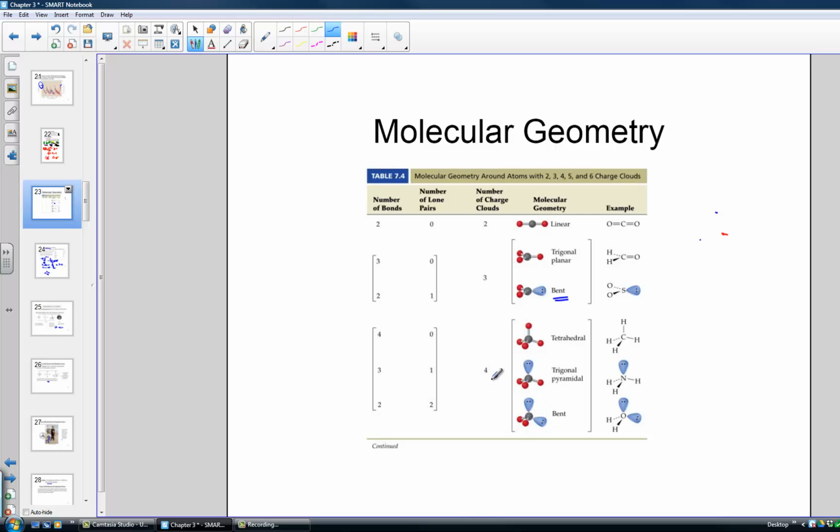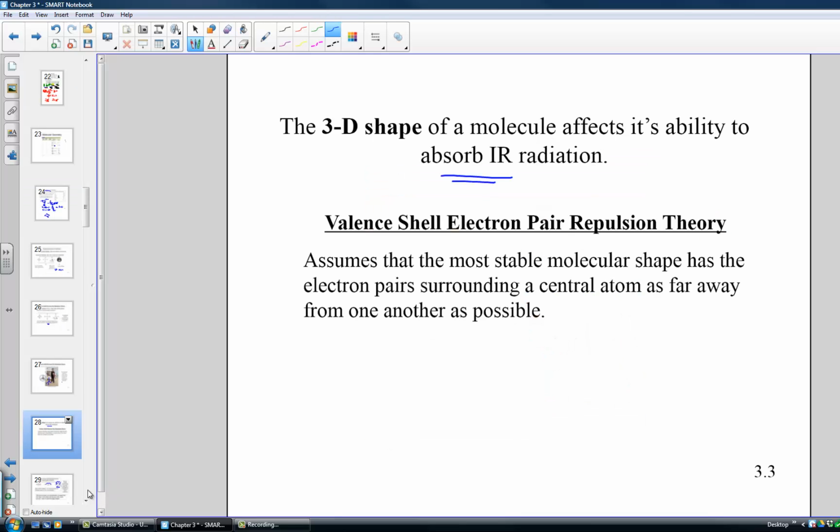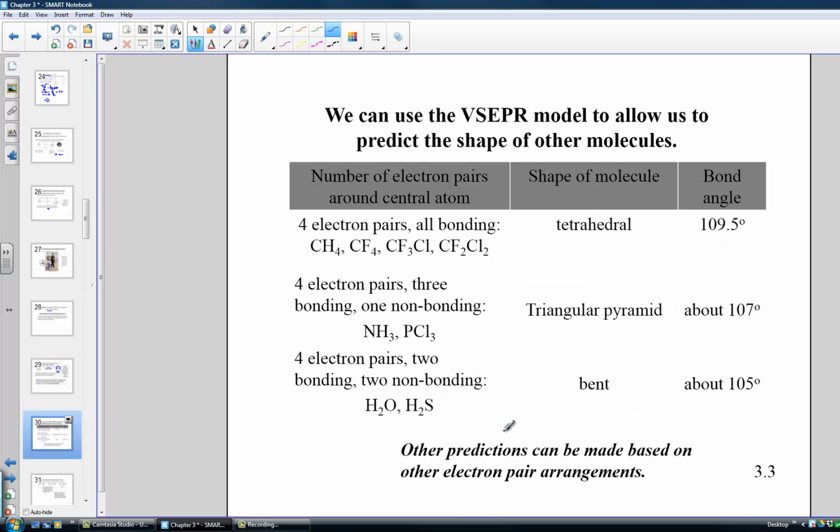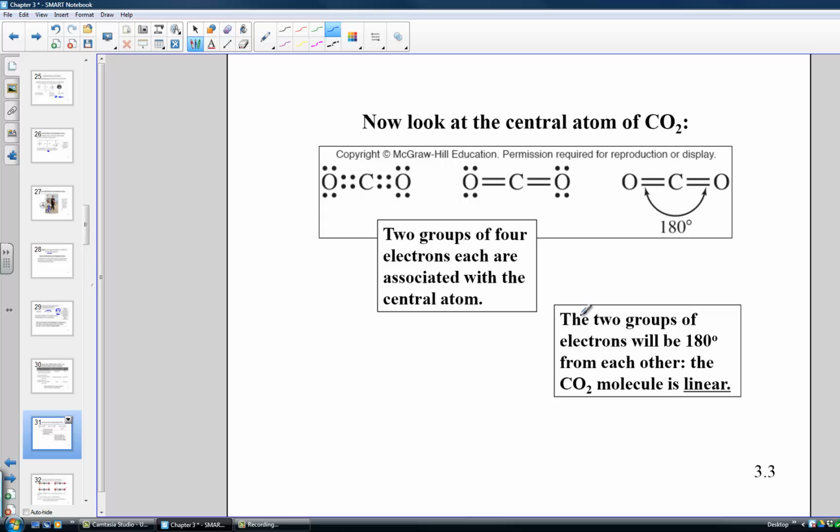So all of these with 4 domains, or the central atom has 4 things to look at, the molecular geometry could be tetrahedral, trigonal pyramidal, or bent. So that's what this slide was showing for us.